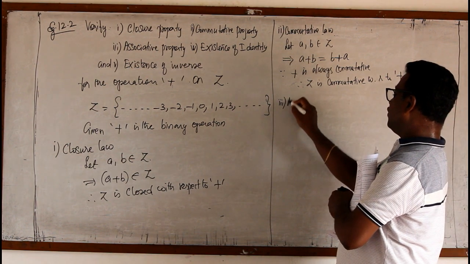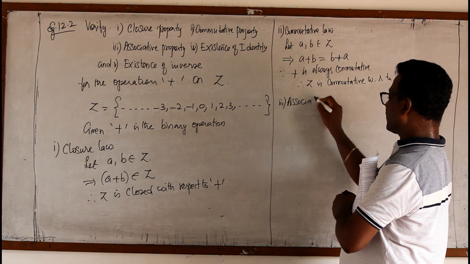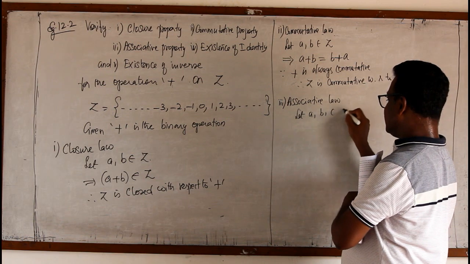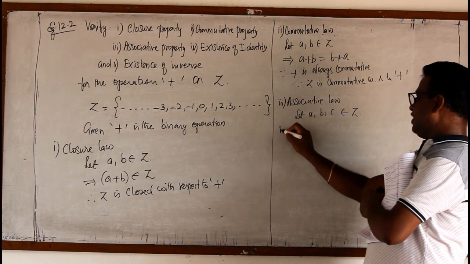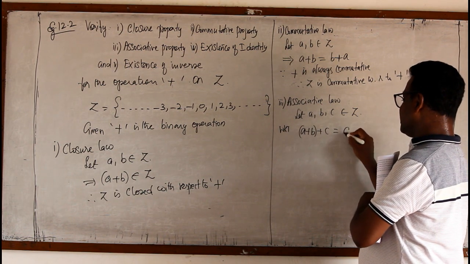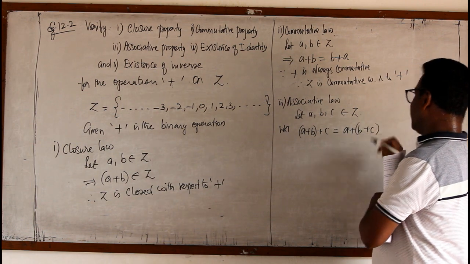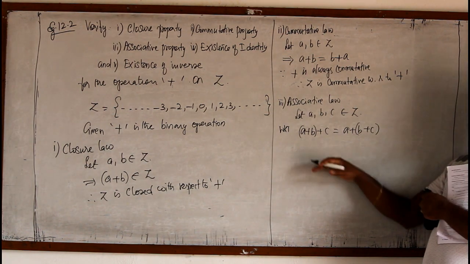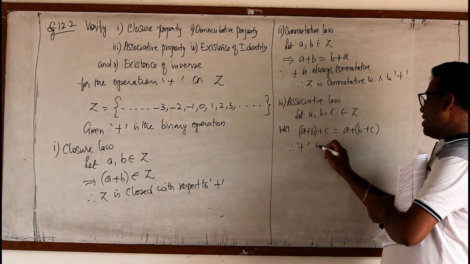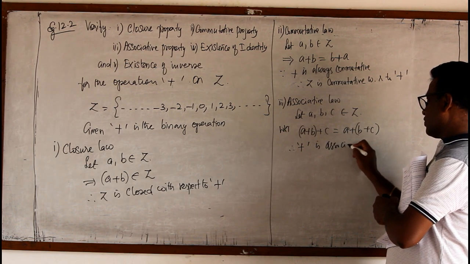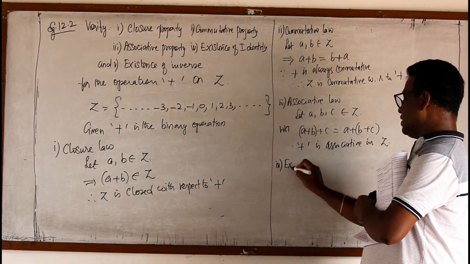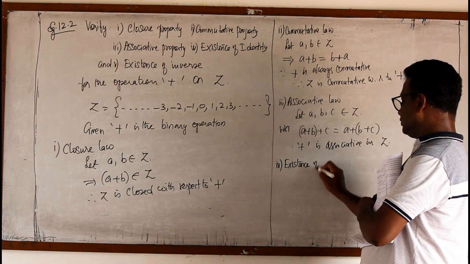Now we shall go for associative law. I need three elements, so let A, B, C belongs to Z. And we know that already A plus B plus C is always equal to A plus B plus C, even when I change the order, because we know addition is always associative. Therefore, plus is associative in Z. Fourth one, the existence of identity.